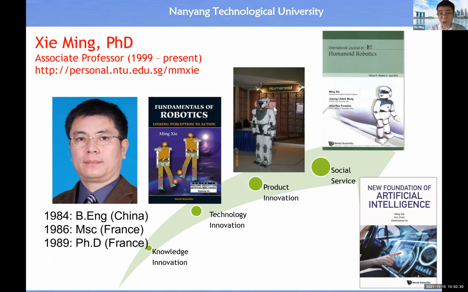This picture shows the first adult-sized humanoid robot in Singapore, which was developed by us around 2008. In 2004, we launched the International Journal of Humanoid Robotics. I am one of these three editors-in-chief.